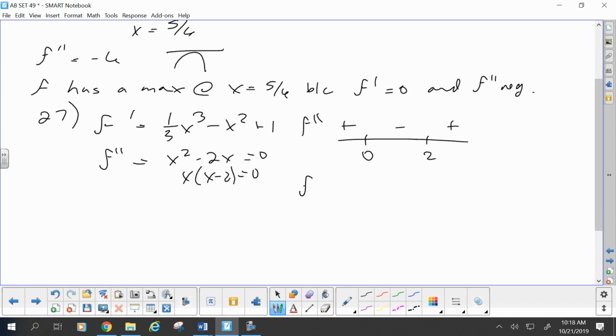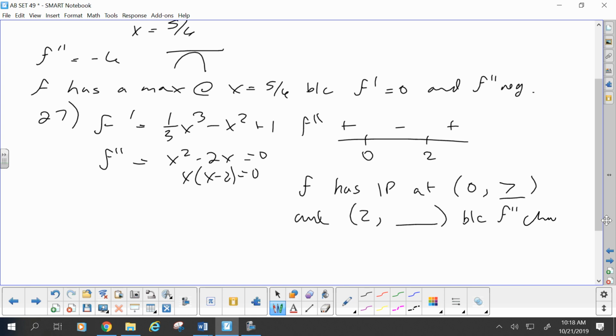So the only stinker is that you have to find the y's. F has inflection points at 0 and 7, and at 2 you have to find F at 2, because F double prime changes sign.